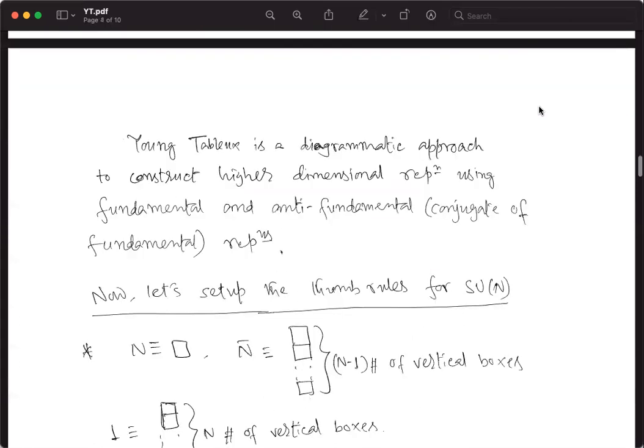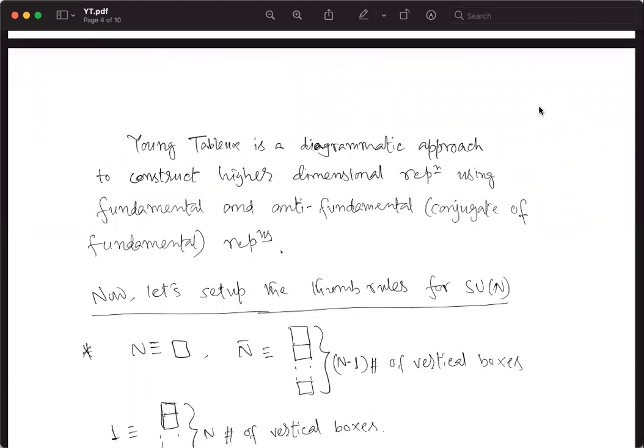So now, what is this Young tableau? Young tableau is a diagrammatic approach to construct higher dimensional representations using fundamental and anti-fundamental representations. So what are these anti-fundamental representations? You consider them to be the conjugate of the fundamental representations. For SU(2) only, because this is a real representation, the fundamental and anti-fundamental representations, that is 2 and 2 bar, are the same.